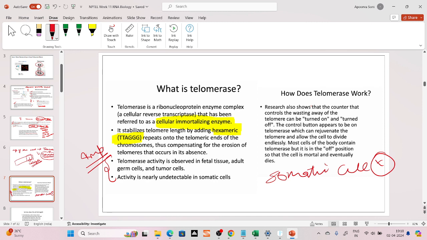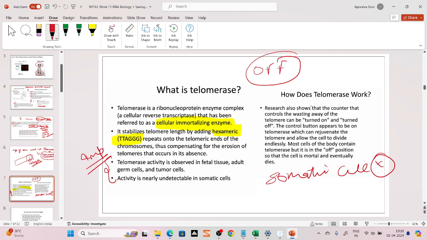So, what is the meaning of telomerase in on and off position? Here it is saying that in most of the body, telomerase is present, but it is in the off position. That means telomerase is present in somatic cells also, but in an off position.